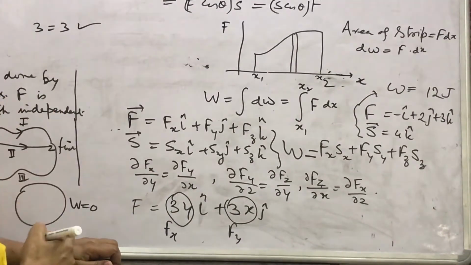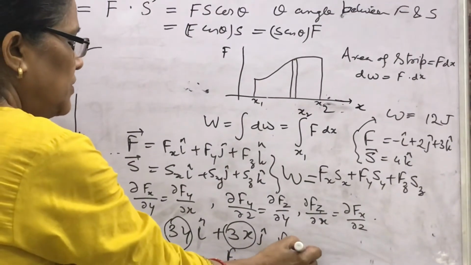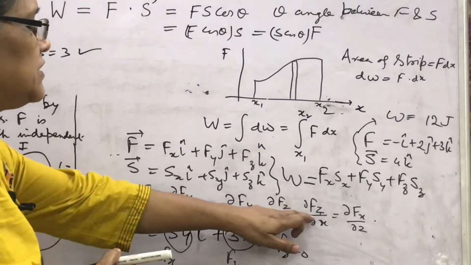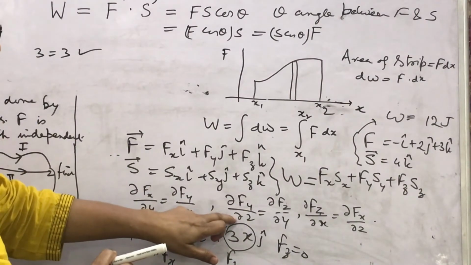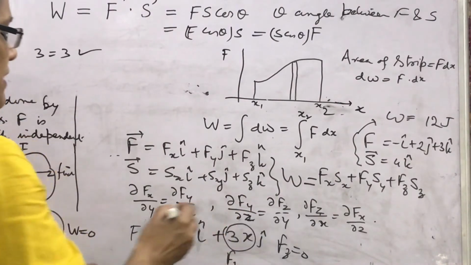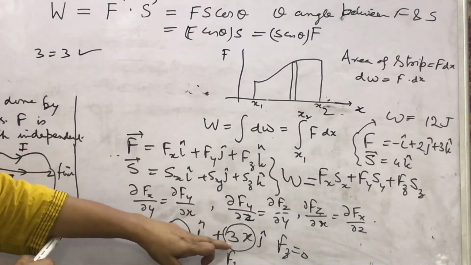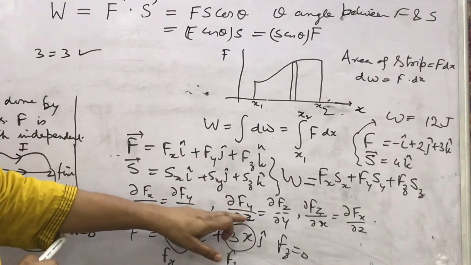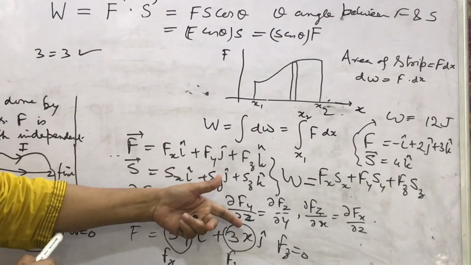Yes. Check the other ones. Here fz is 0, so in these equations you will find 0. What is del fy upon del z? Del fy is 3x, but with respect to z, what will be its value? 0.